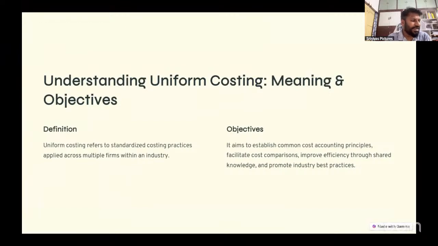It is not a distinct or separate method of cost accounting, but only a particular technique applied to the usual accounting methods like job costing, standard costing, budget costing and marginal costing. According to ICMA London, uniform costing is the use by several undertakings of the same costing principles and practices. So that is called uniform costing.